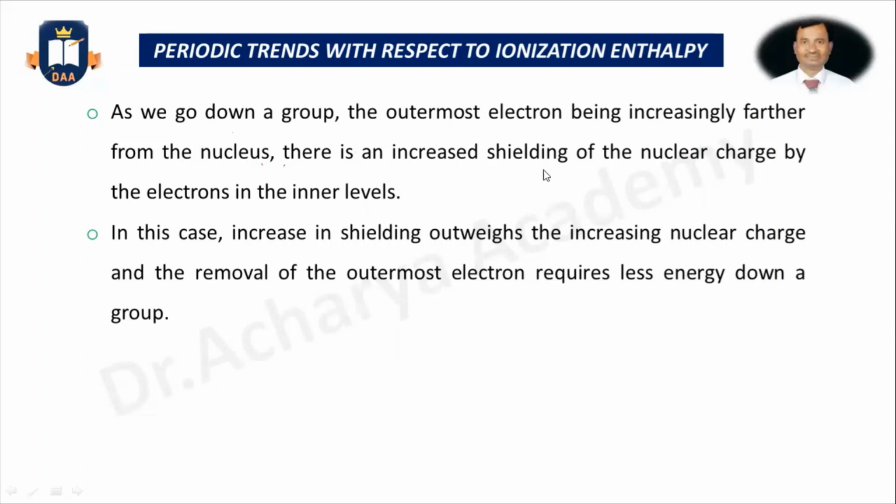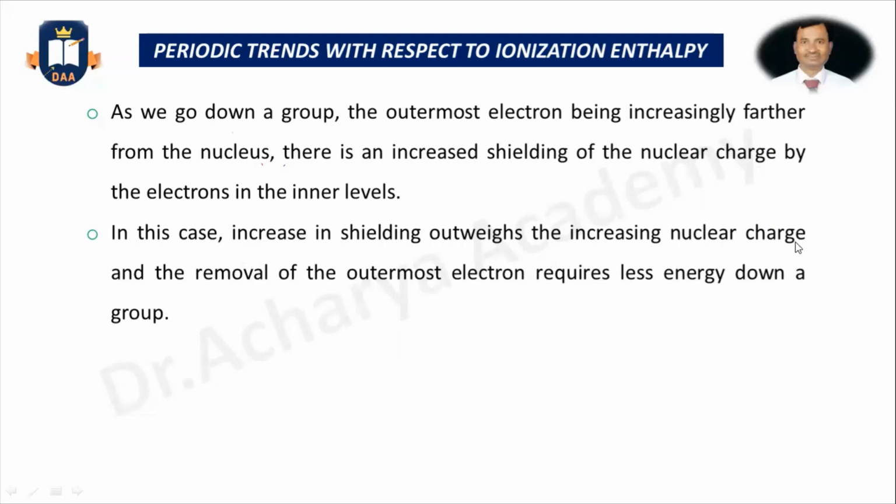So there is an increased shielding of the nuclear charge by electrons in the inner levels. In this case, what will happen? Increase in shielding outweighed the increasing nuclear charge.